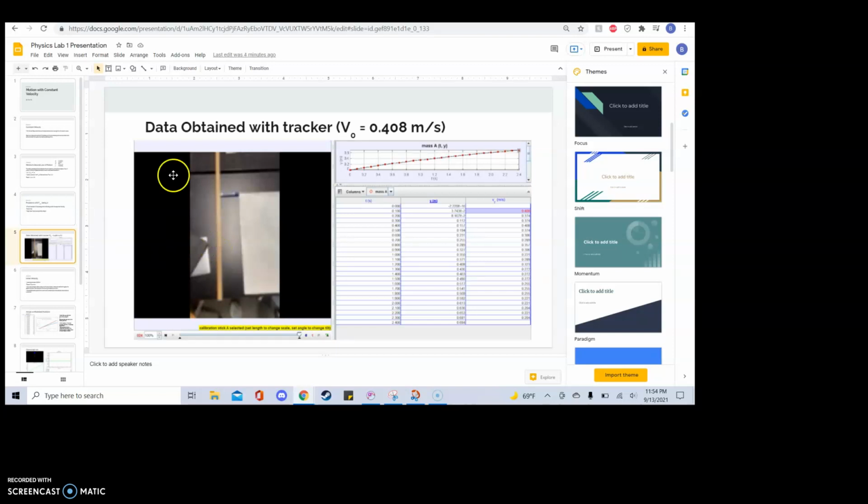This data was obtained with Tracker to form this graph and these different position values. Through this, the initial velocity was calculated to be 0.408 meters per second, through video analysis and Tracker's own software.